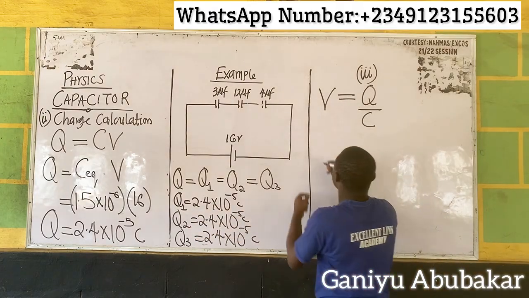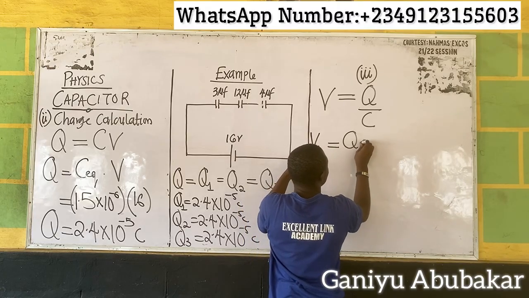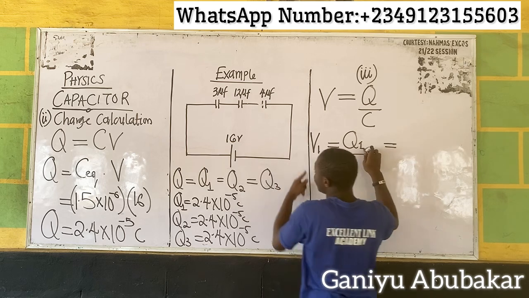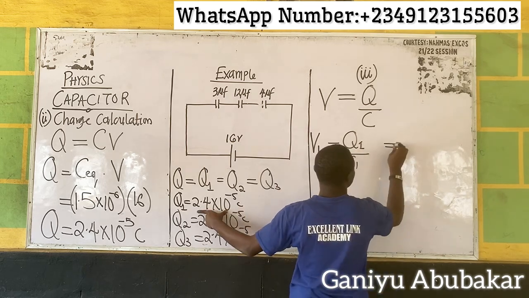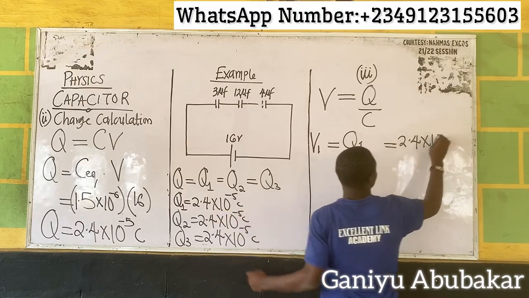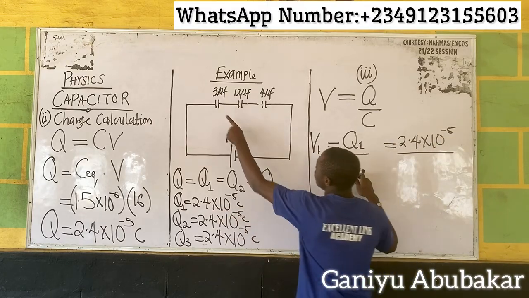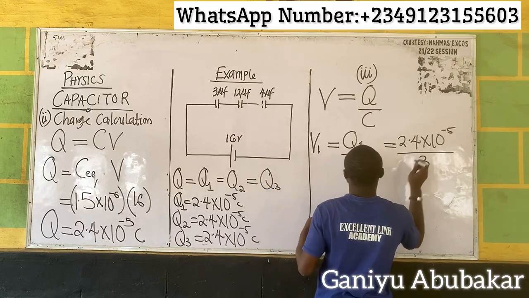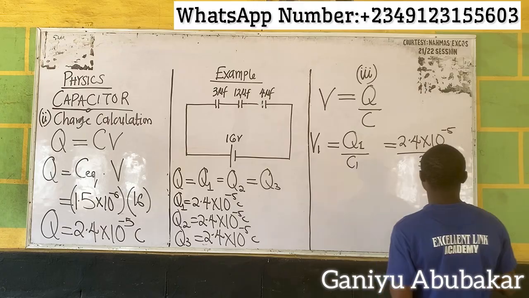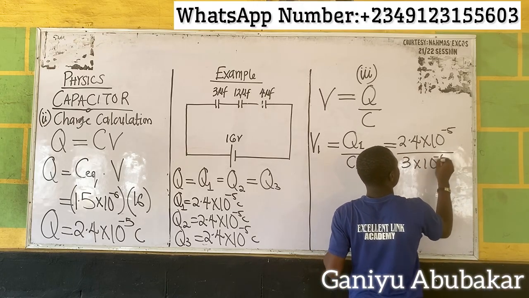So for V1, V1 will be equal to Q1 over C1. Q1 is 2.4 times 10 to the power of minus 5, all over C1. C1 is 3 microfarad, so 3 times 10 to the power of minus 6.